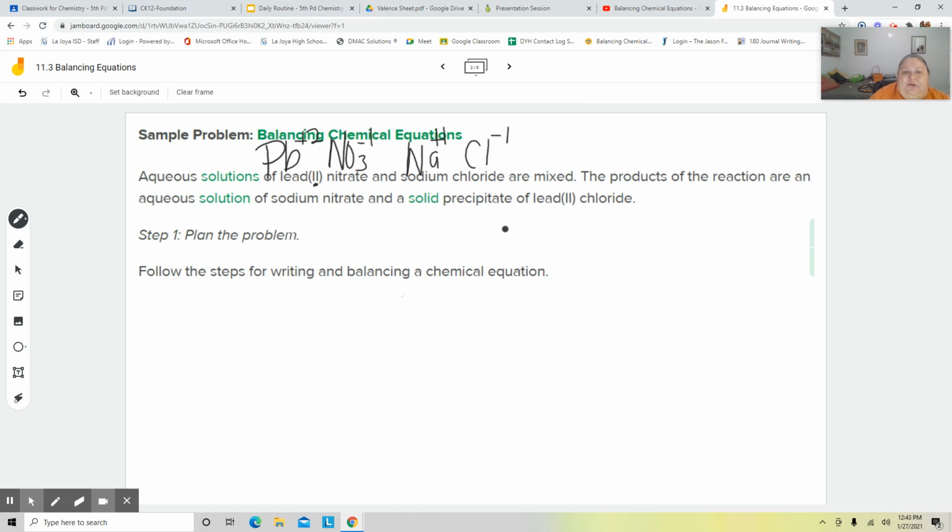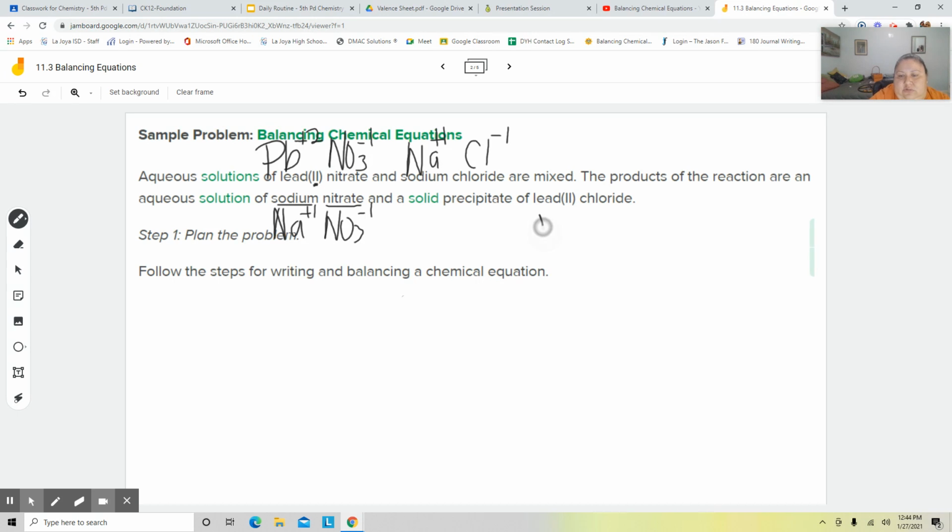And now my products should just rearrange these ions. So I don't need to go back to the valence sheet. Everything I need is here. Why? Because look, we have sodium right here, Na with a +1 charge. Nitrate, it's right here, NO3 with a -1 charge.